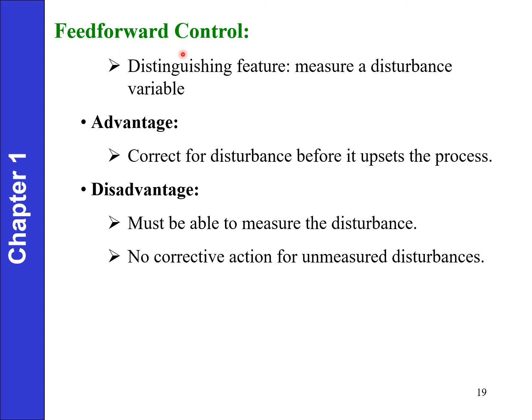This one is feedforward control. The advantage is that it corrects for disturbance before it upsets the process, otherwise the performance of your system would be delayed. The disadvantages are that it must be able to measure the disturbance, and there is no corrective action for unmeasured disturbances.